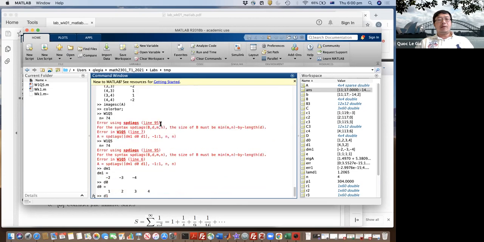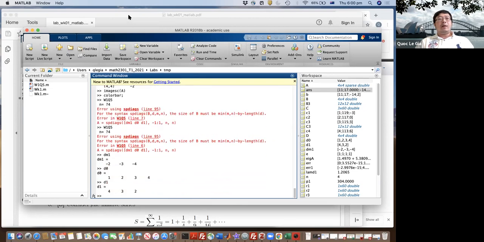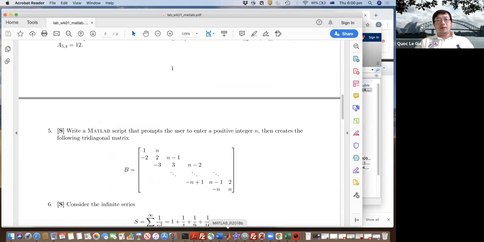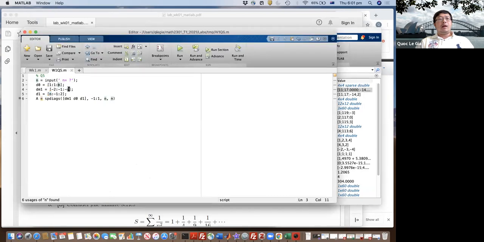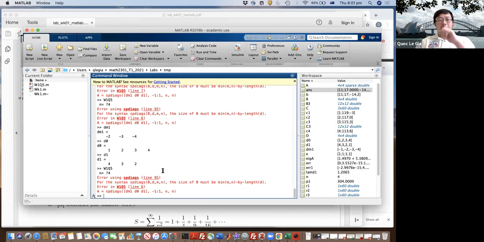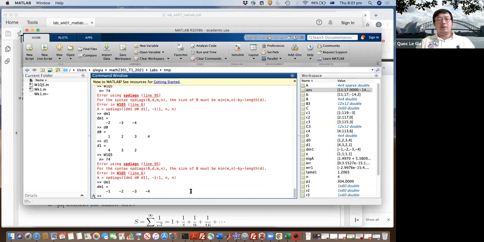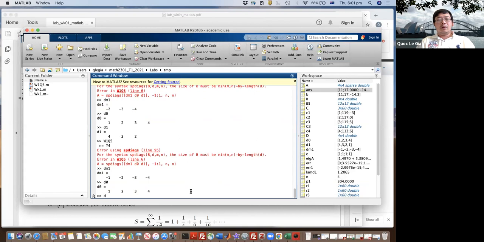So we can go back and make it 1 here, and see what happens with the same size. The size of a matrix: dm1, d0, and d1.